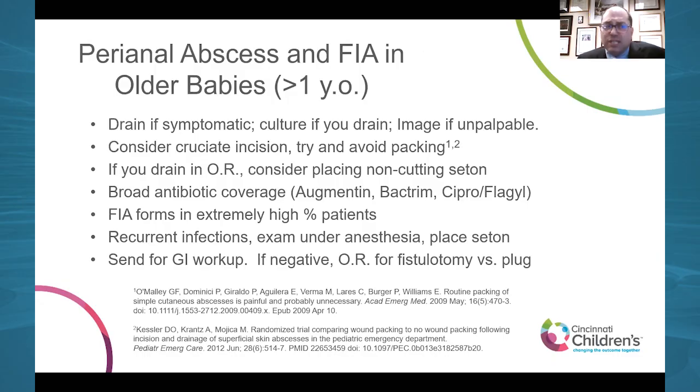For those patients with high suspicion for Crohn's disease or really complex disease like recurrent infections, multiple fistulas, you're going to want to do an exam under anesthesia and consider putting a non-cutting seton for drainage. This population, you'll need to send for GI workup. If the workup is negative and they have an ongoing fistula, then you can take them to the operating room, and the standard adult pathway is fistulotomy for superficial fistulas.